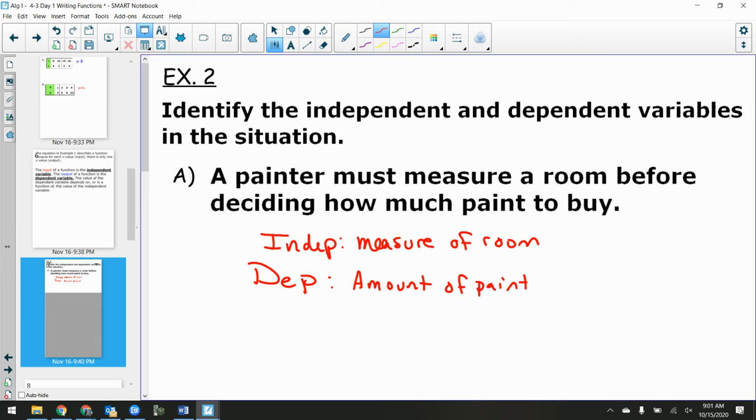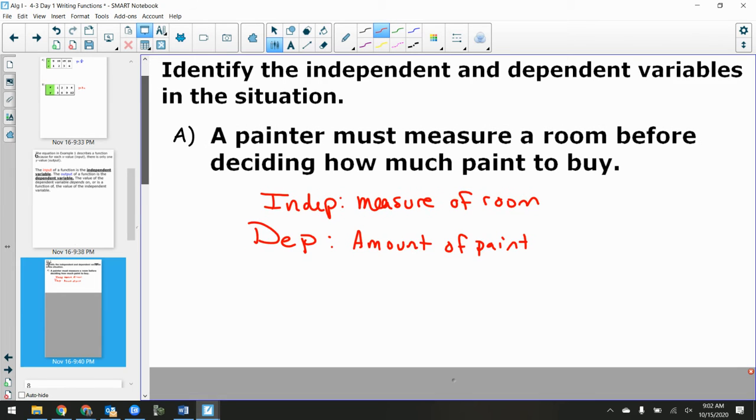You should always be able to say, if I change my independent variable, it will force my dependent variable to change. Think about it, if you had accidentally reversed it, and you said the independent variable was the amount of paint, if I change the amount of paint I buy, should that change the size of the room? Like, that does not make sense, right?